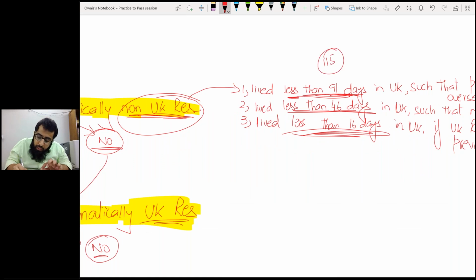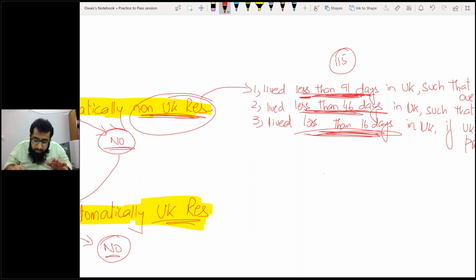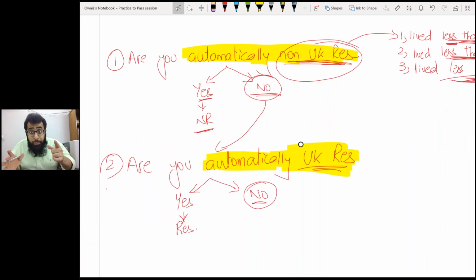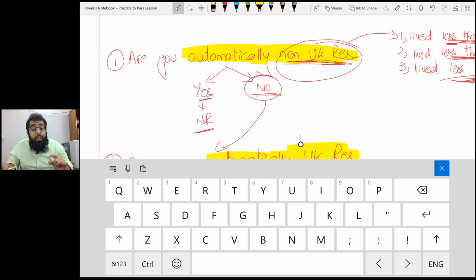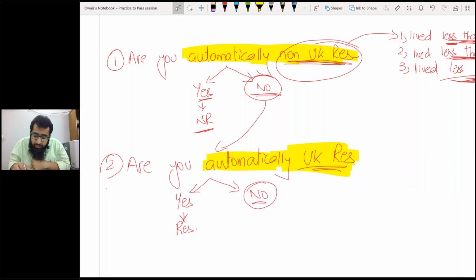Now 115 are not less than 91. 115 are not less than 46. And 115 are not less than 16. So this means, are you automatically non-UK resident?